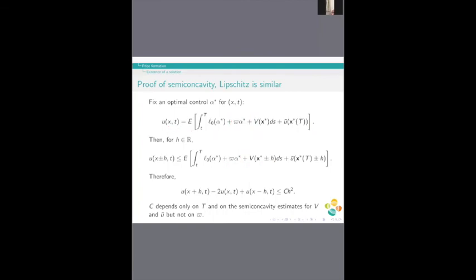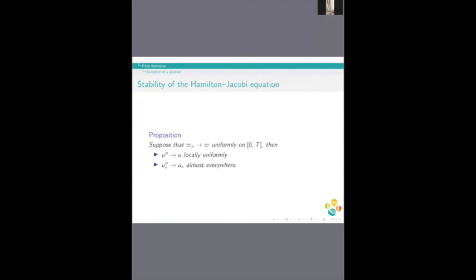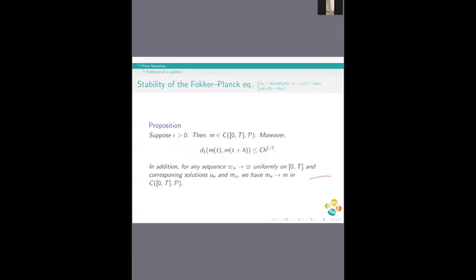Now, once you have this, you have stability. So if you have uniform convergence for the price, then you have local uniform convergence, and almost everywhere convergence for the gradients. So this is one thing. Then you go to the Fokker-Planck equation, and you have continuity with respect to the Wasserstein distance, the one Wasserstein distance.